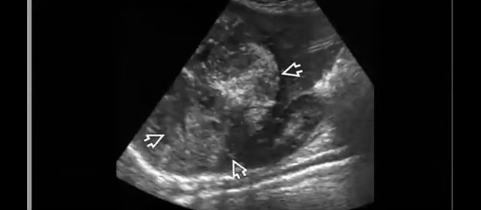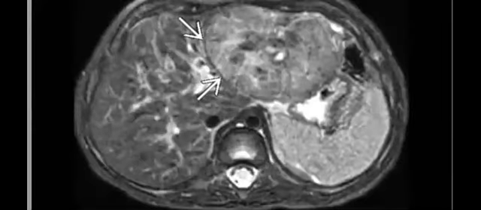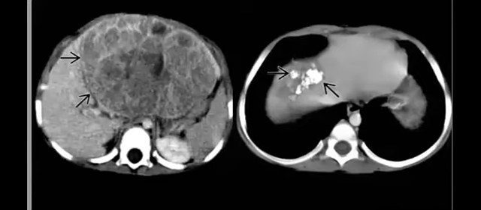So the rule, as we mentioned previously, is that if you find a mass with calcification, or even a solid mass in the liver, it is hepatoblastoma in the pediatric age group, until proved otherwise. Especially if you find the alpha fetoprotein is high. There are many appearances of hepatoblastoma, and calcification is about 50%. So you can find 50% of these cases with calcifications.